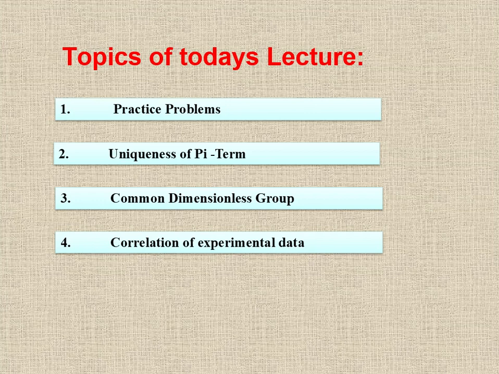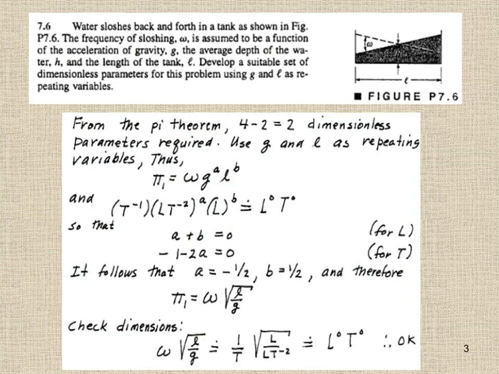Okay, so let's start and do some practice problems so that we can fully understand how to solve problems by using dimension analysis techniques. Here you see there is a problem. Water sloshes back and forth in a tank as shown in the figure.